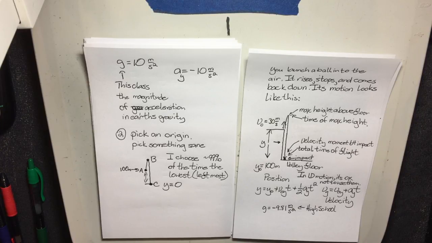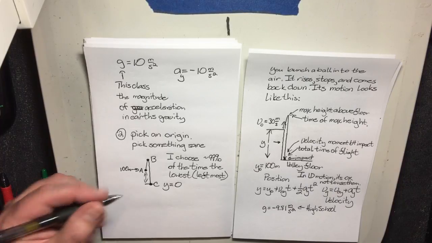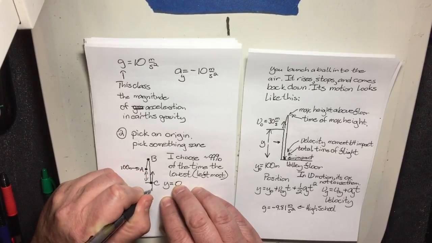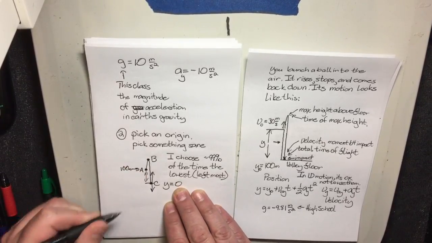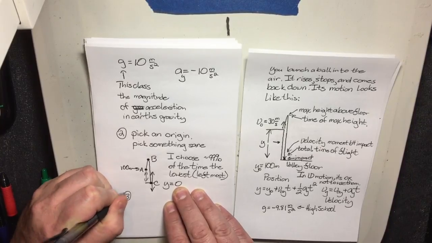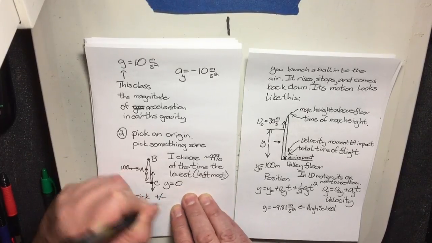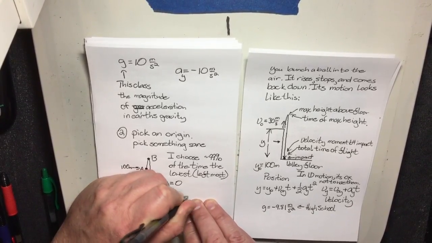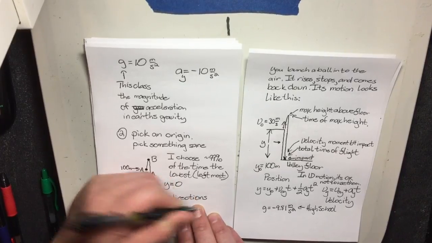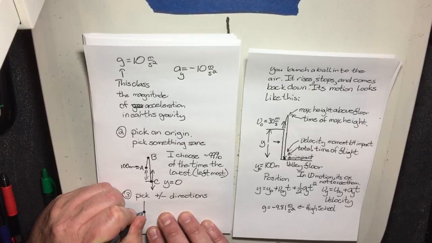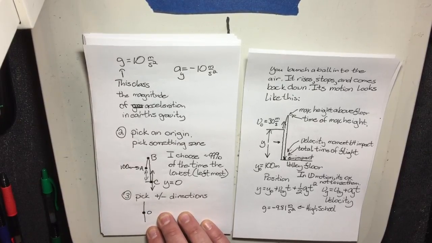Now, one of the things that we kind of didn't point out is we've got our origin, pick positive and negative directions. And the origin, I generally mark it with just an O or a 0.